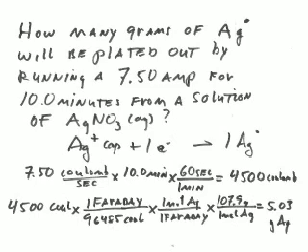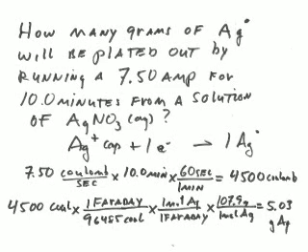So how many electrons are we transferring? Well, 7.5 coulombs per second times 10 minutes times 60 seconds a minute will have transferred 4,500 coulombs of charge. 4,500 coulombs of charge times 1 Faraday per 96,485 coulombs gets us Faradays.